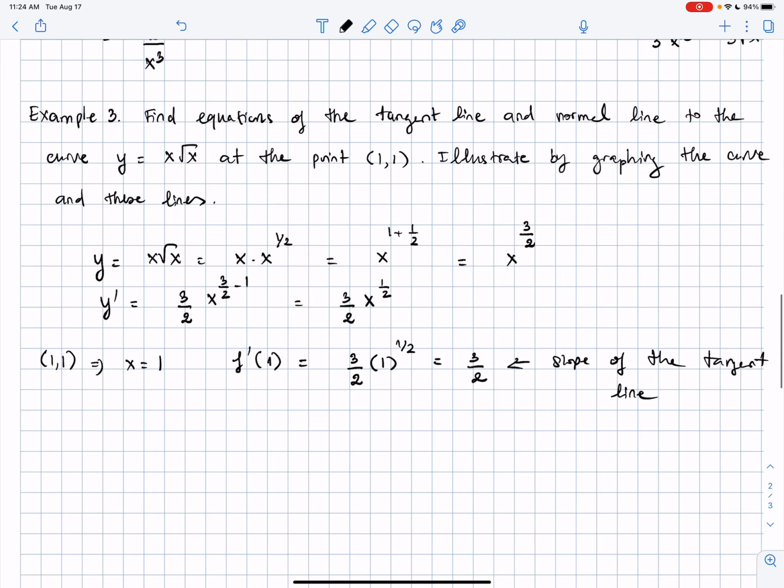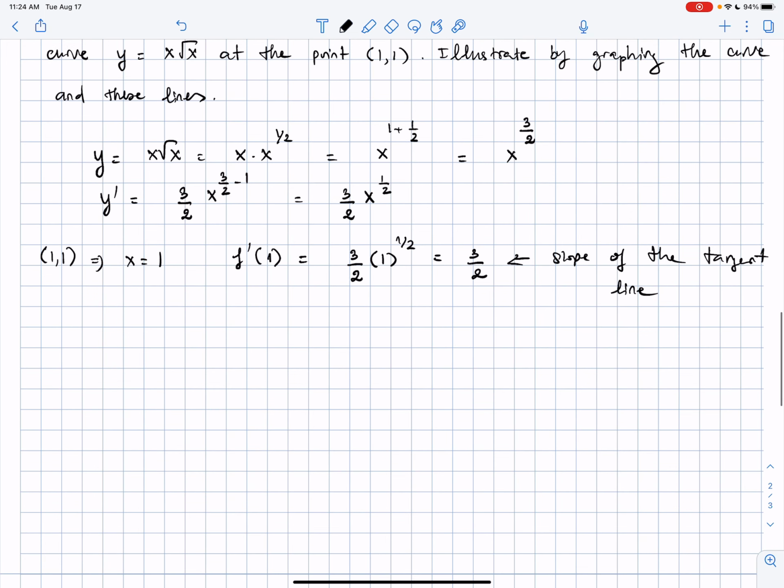Now we use the equation of the line, y minus y1 equals m times x minus x1. So y minus 1, because we got the point is 1, 1. The slope is 3 over 2 times x minus 1.